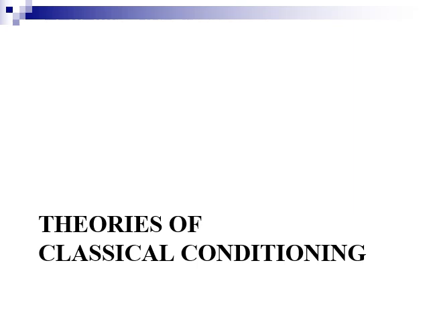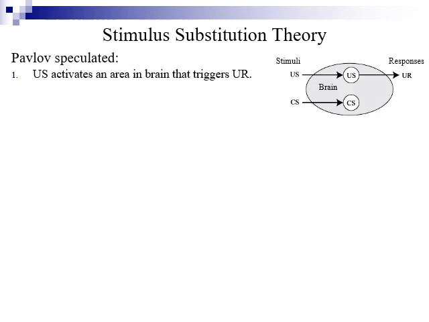This brings us to the last section, theories of classical conditioning, attempts to understand why conditioning happens. We start with stimulus substitution theory. This is Pavlov's own theory. In this theory, Pavlov speculated that there's an area in the brain that is triggered when the US is detected, and that same area then triggers the unconditioned response.